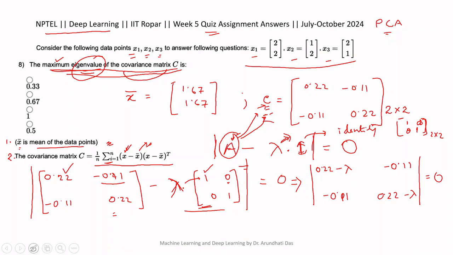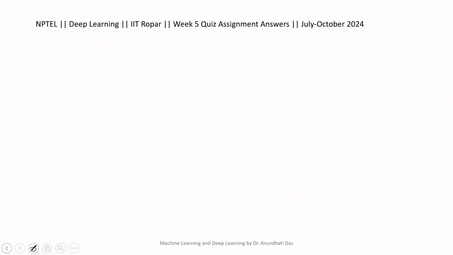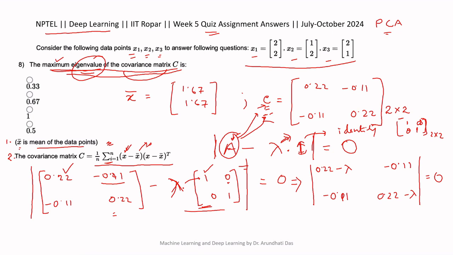Okay, so let me calculate it in the next page here, or I'll finish this step in the previous page only. So what I will be having here is these two elements multiplying: 0.22 minus lambda, both the elements are same, so square, then minus.